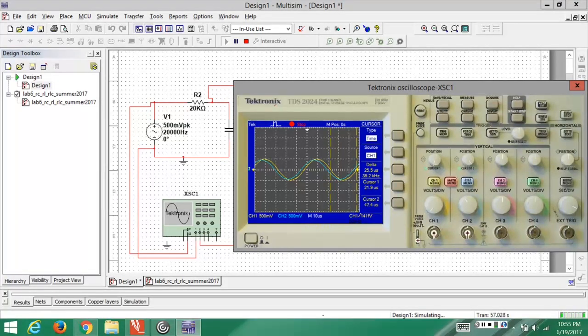Now I need to switch to channel 2 to see exactly the time reading where channel 2 intersects the x-axis, and I'll switch this to channel 2 at first. And now I have the blue cursors over here. I'm going to move the first cursor again to where I think it intersects the x-axis at that point.